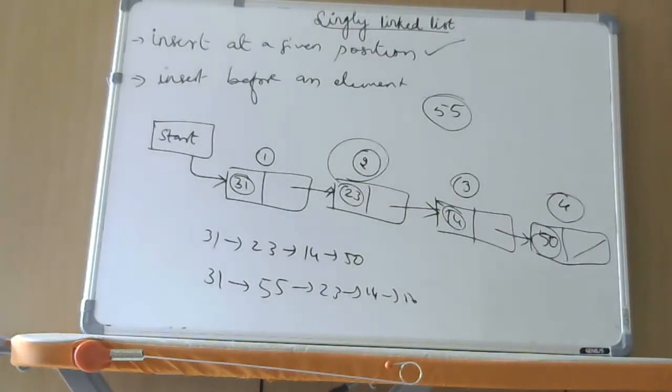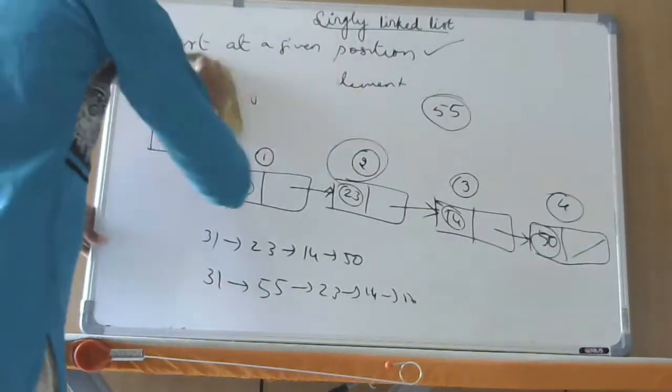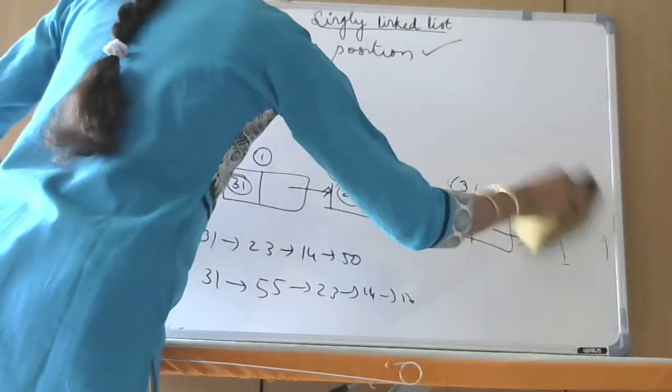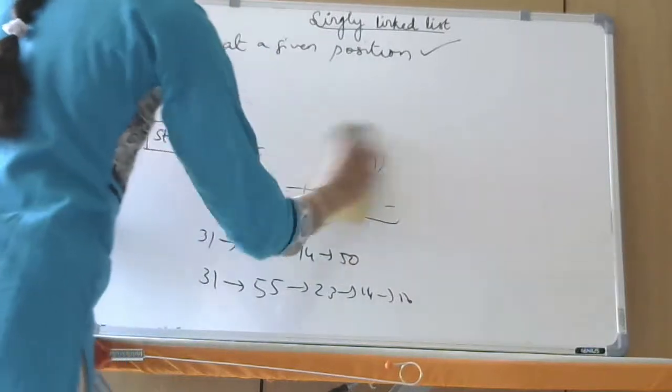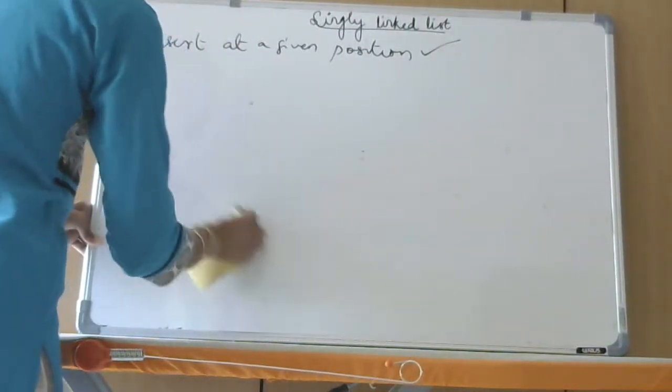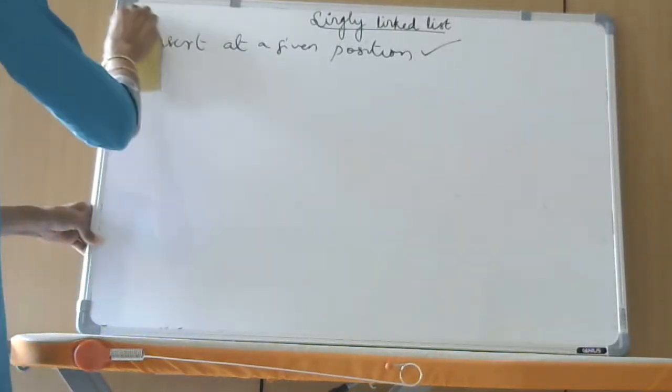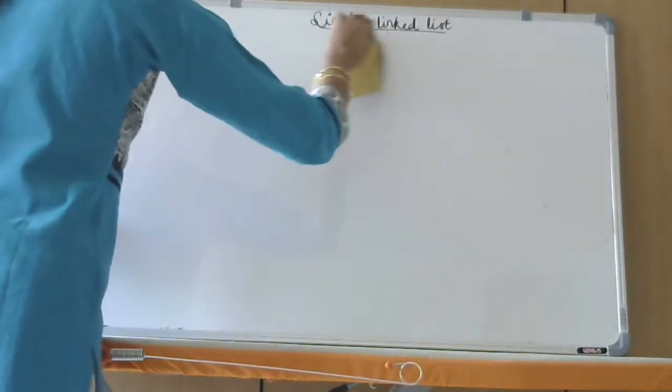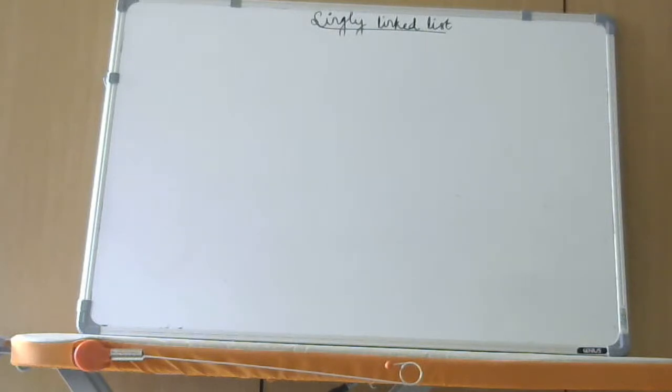Let us see how we can code both of these. Now let me start with insert at a given position. First we'll do that. Now these two are there in your lab program, that's why we'll have to do that.